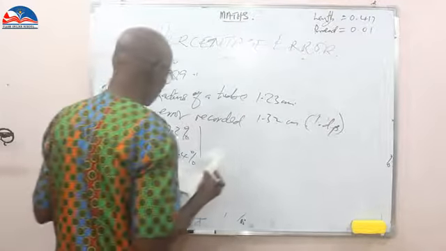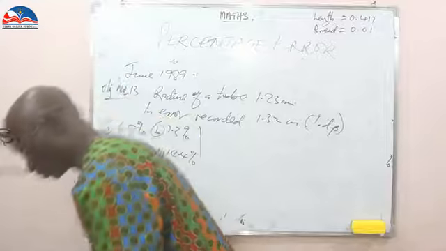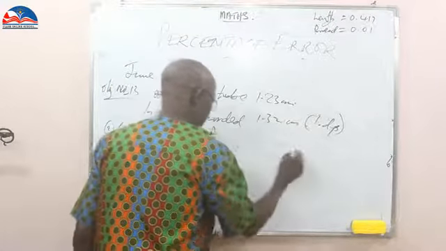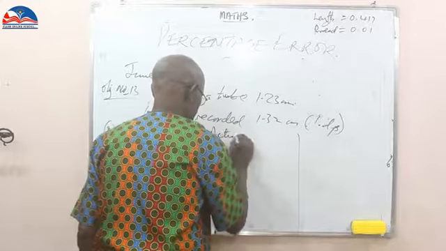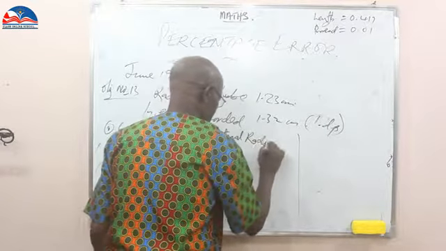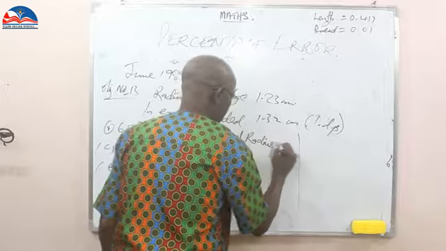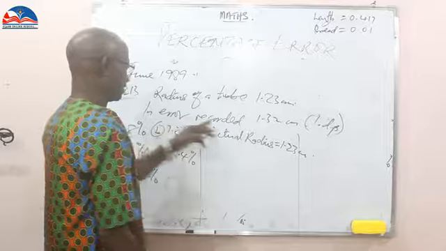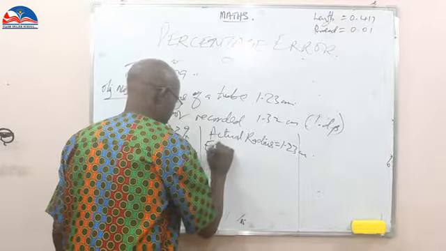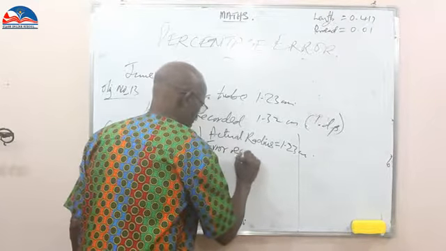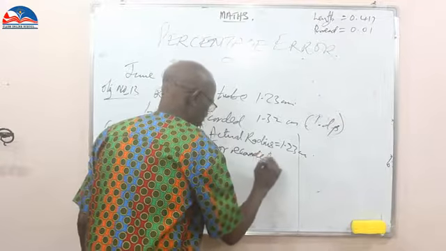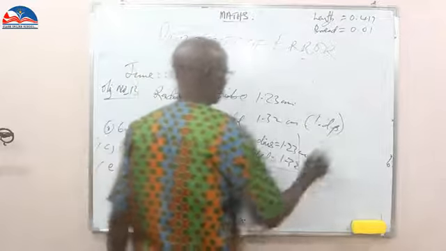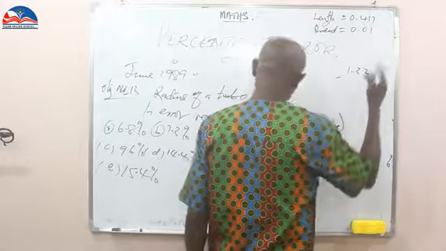Now, what is the actual? The actual radius of the tube equals 1.23 cm. In error, recorded 1.32. What's the difference? Subtract the smaller from the bigger, 1.32 minus 1.23. It could be more, it could be less, no problem.